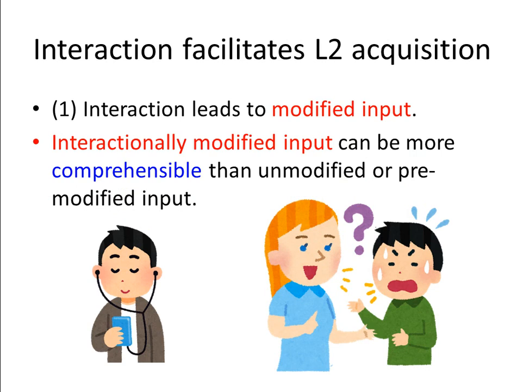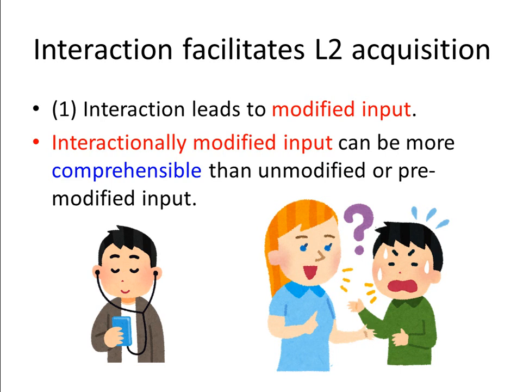And many researchers believe that interaction facilitates, it helps second language acquisition. So first, interaction leads to modified input. Let's say you're watching my video, and I cannot interactionally modify my output because I am not interacting with you.